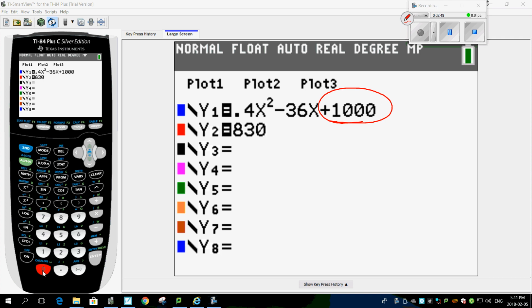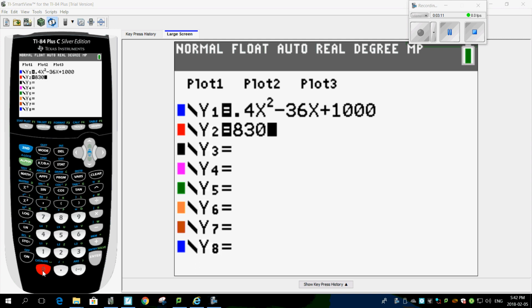So you have to have the y windows up to at least 1,000 if you want to see this parabola. Also, here's our other line of 830, so it's going to be close to the top. Plus our age from 0 to 100. Those are all values that we have to figure out and put into our window settings.